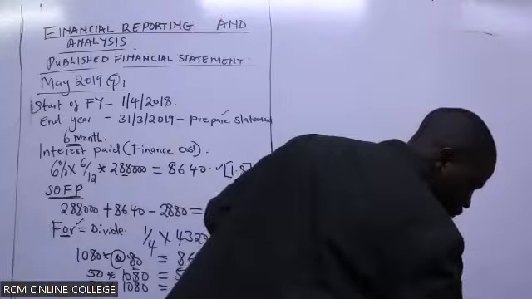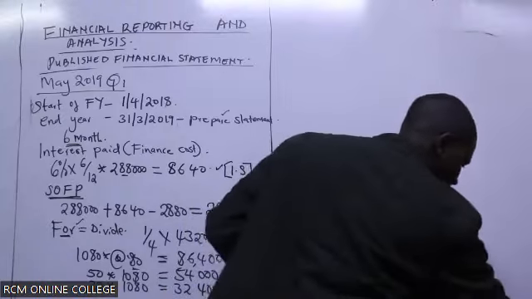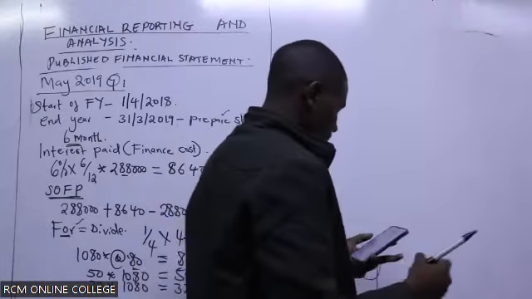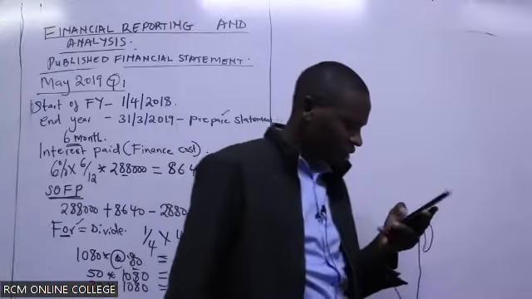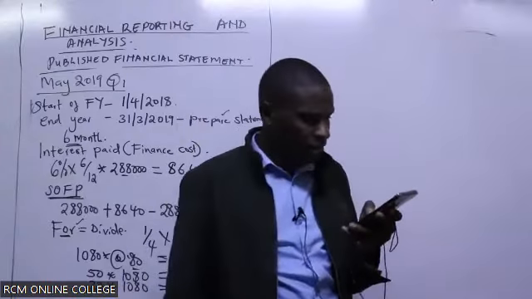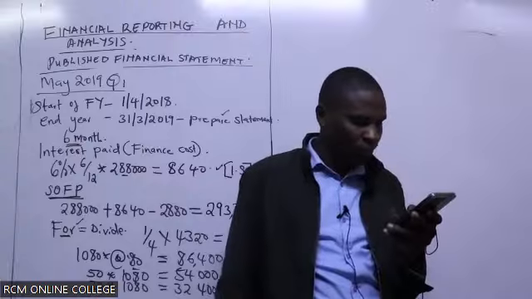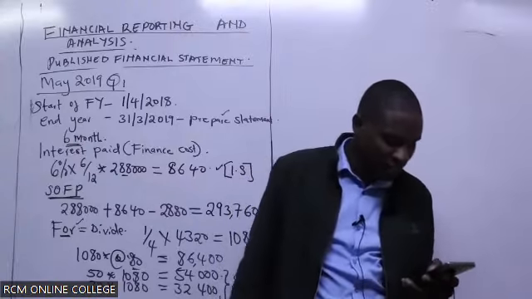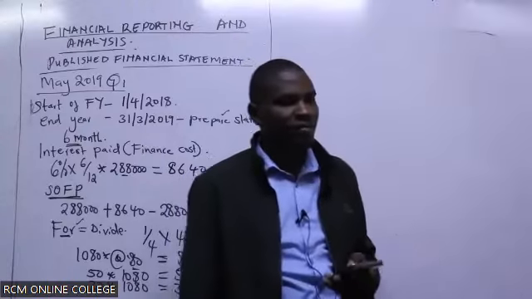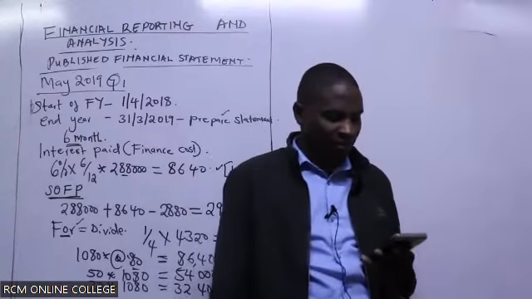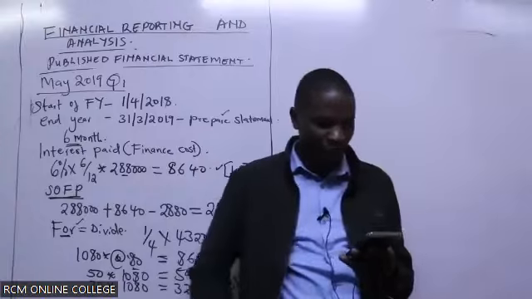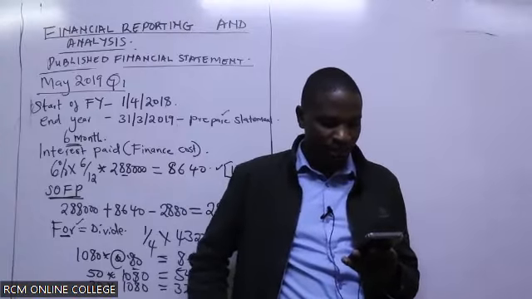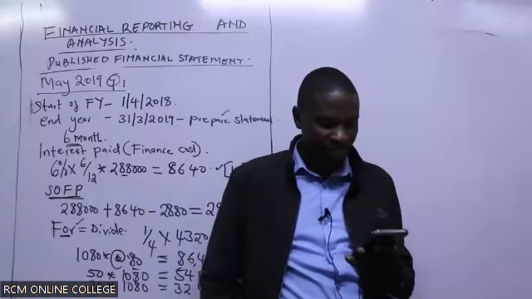We move to the next one. All right. Next one is the fair value of available for sale investment as at 31st March 2019 was 97,500. The fair value, nataka tuangalie vizuri sana. The fair value, 97,500.